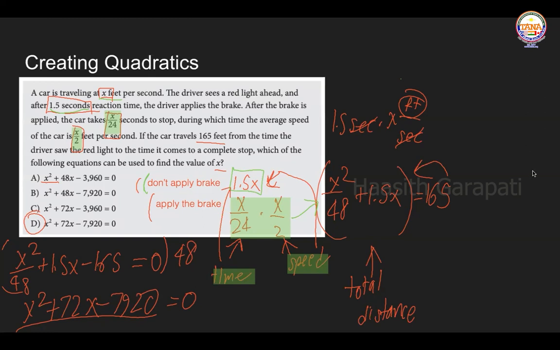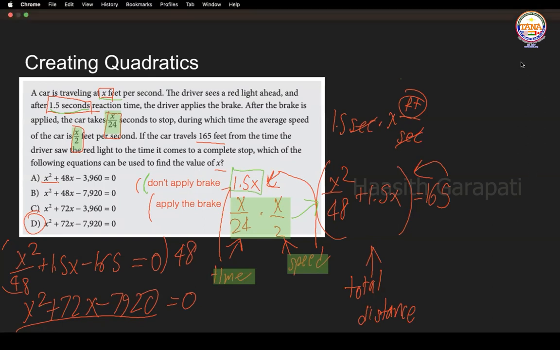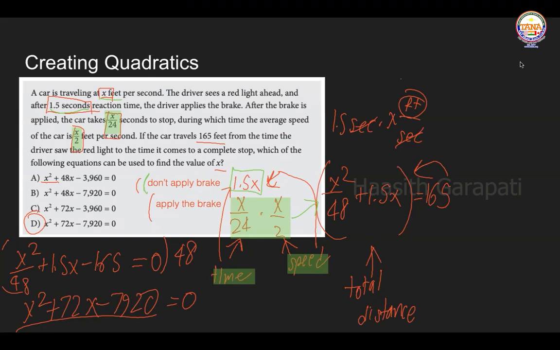Yes, Avanish? How can you come up with a scenario, don't apply the brake and apply the brake? Is it something we would need to know? It's just logic you have to do. They're asking us to find out how much distance the car traveled, and the speed and distance are changing twice, so we just created two separate terms for that.